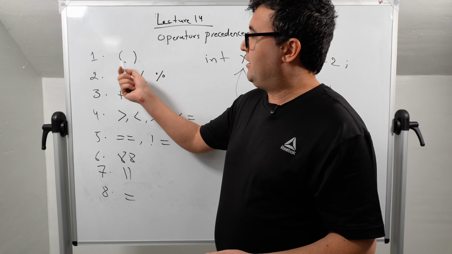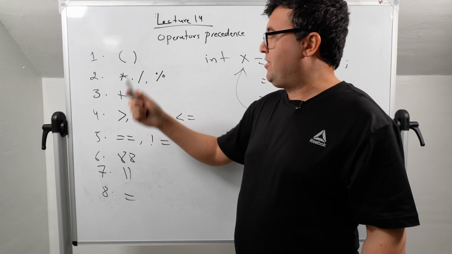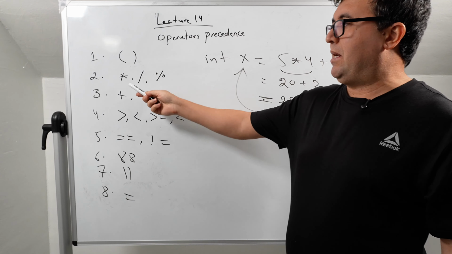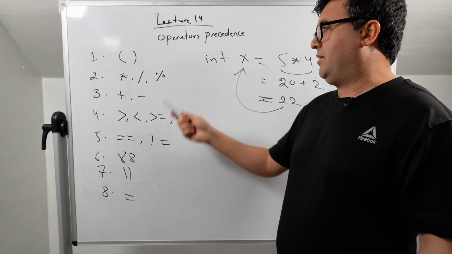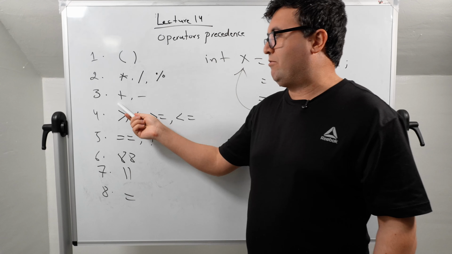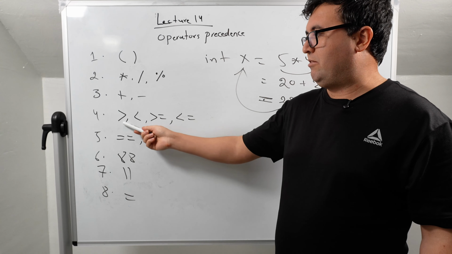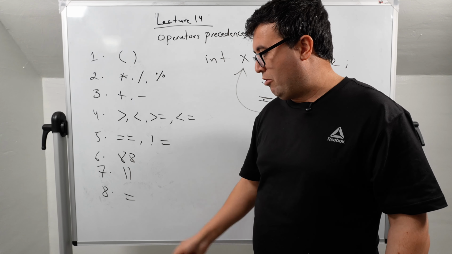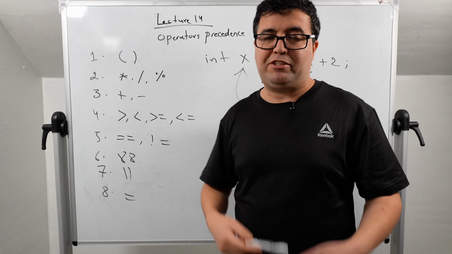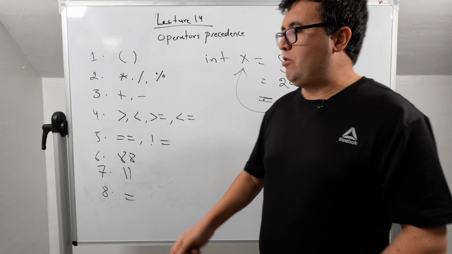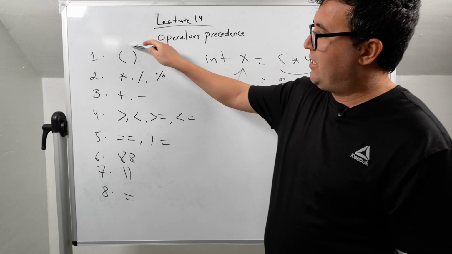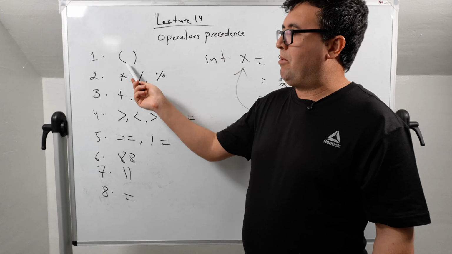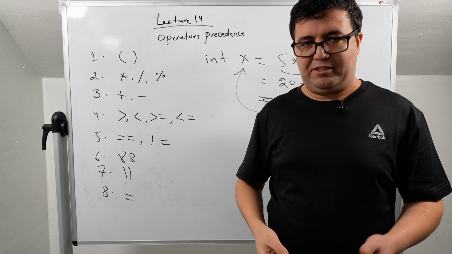So we see, it's first parentheses, then multiplication, division, and modulus, then addition and subtraction, then comparison, then equality, then logical and, then logical or, and then at the end we have the assignment operator. So you have to follow this. In C++, these are the operator precedences.